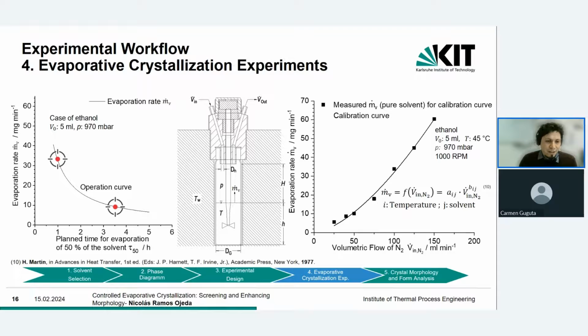So we can now find which volumetric flow we need to get the evaporation rates that we were looking for in the previous slide. Of course, these calibration curves were measured with pure solvent, but still there is a very good agreement with the evaporation rates that were measured from crystallization experiments.